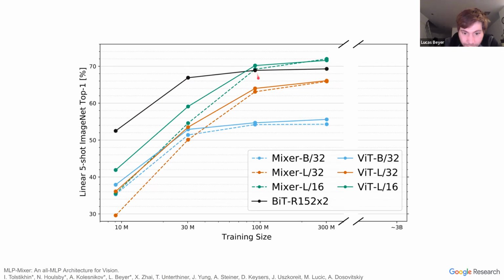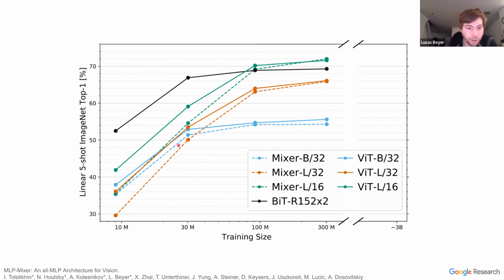And then the colored ones are Mixer and Vision Transformer. The full lines are vision transformers, and the dashed lines are Mixers. The colors are just different sizes. Blue is small-ish, similar to ResNet 50. Then we get large, and then really large.